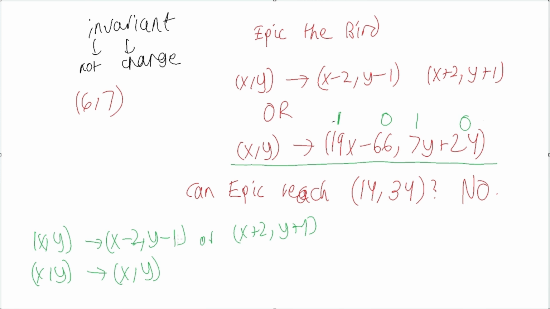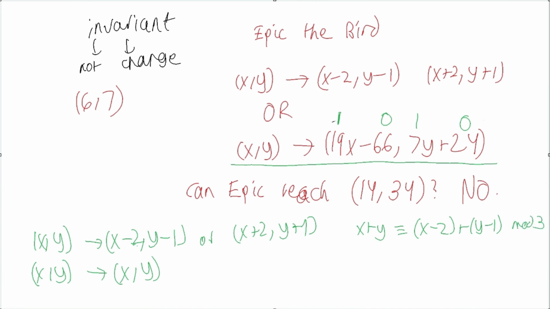So now we need a way to somehow combat this and the minus 2 and minus 1. Because we're working modulo 3 and we have a 2 and 1, and we have either minus 2 minus 1 or plus 2 plus 1, this is where we notice that the sum of the coordinates is just the same mod 3. Because x plus y is equivalent to x minus 2 plus y minus 1, mod 3.